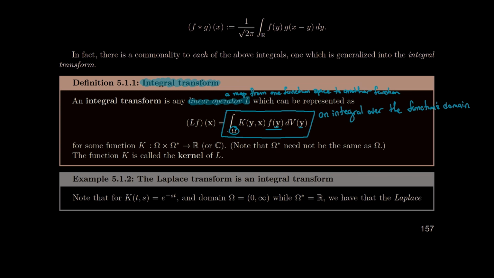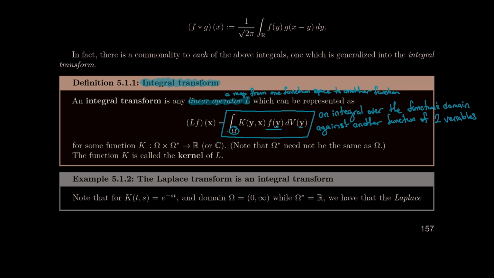So it's an integral over the function's domain against, right? So the funny thing is that it's always an integral against something else, against another function of two variables. And of course, those variables can be vector valued. So they don't have to actually just be like two one-dimensional variables.